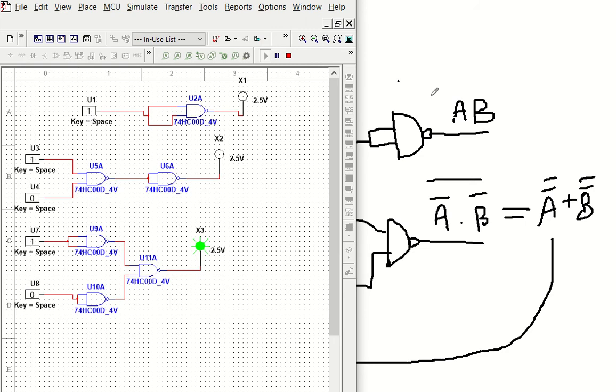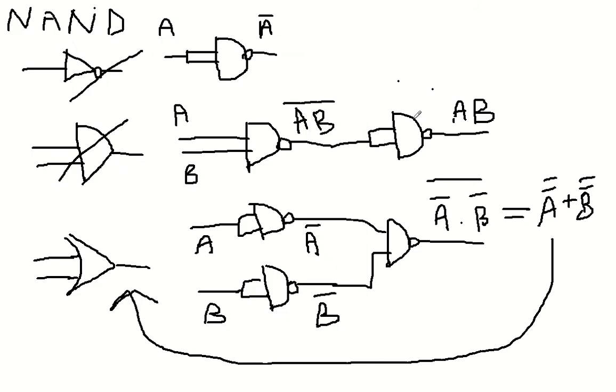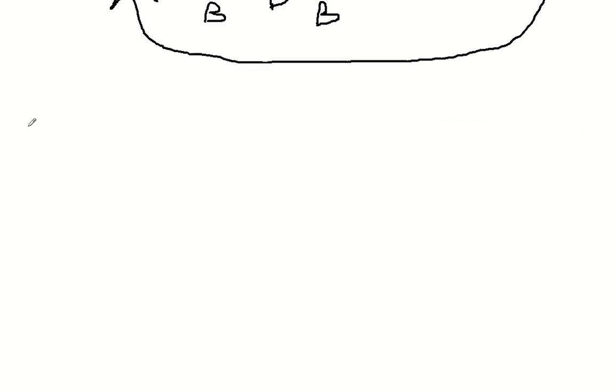Instead of basic gates, if you want, you can also try to make XOR. Another gate is the XOR gate using NAND. If you want, you can also make NOR.